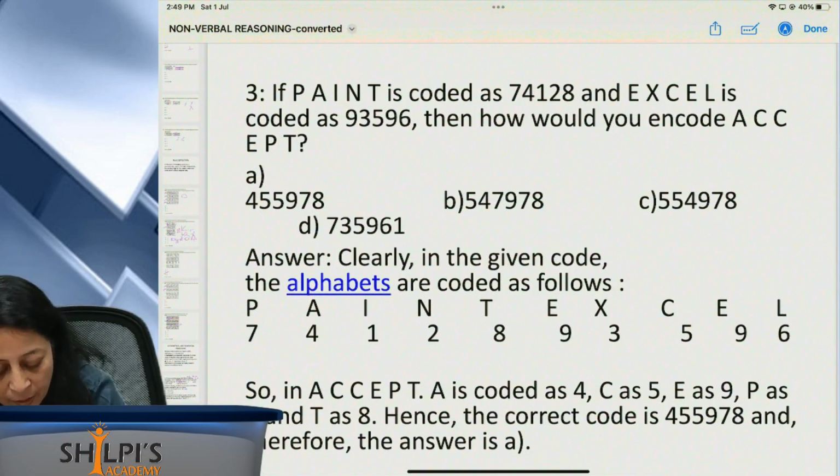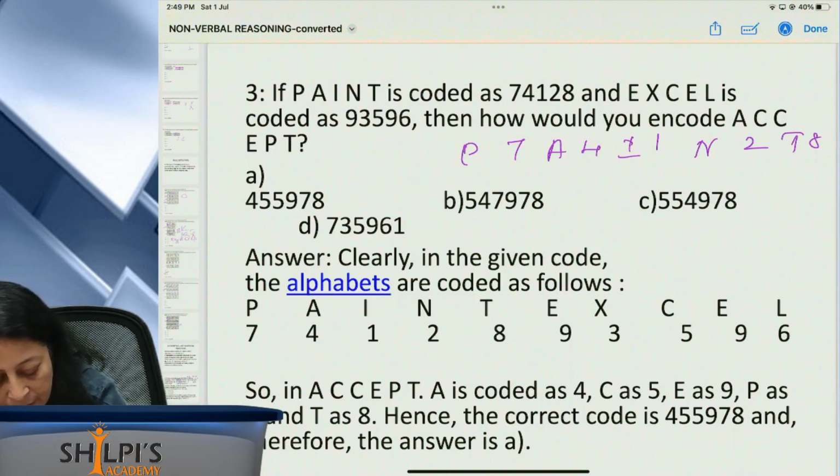Now, paint is coded as: P is 7, A is 4, I is 1, N is 2, T is 8. Now how is Excel coded? E is 9. When you take it like this, how are you going to accept? A is what? A is 4. C in Excel is coded as 5.